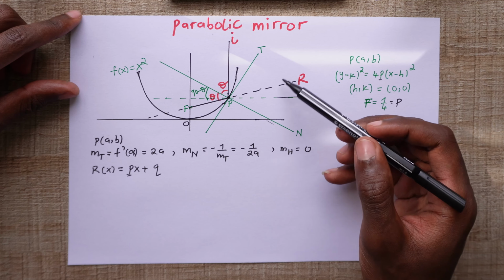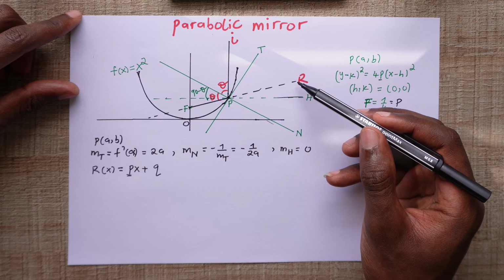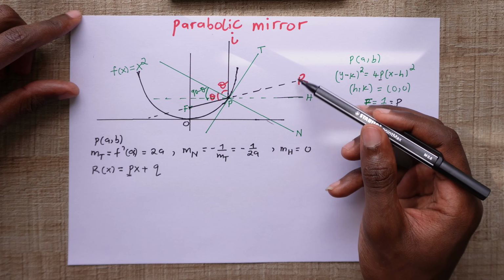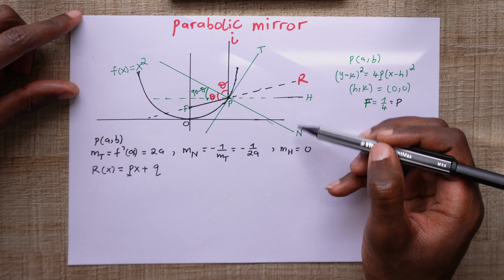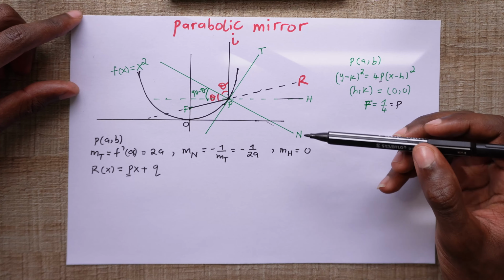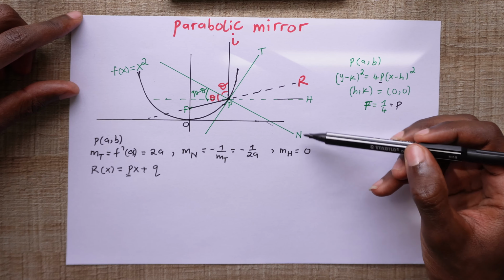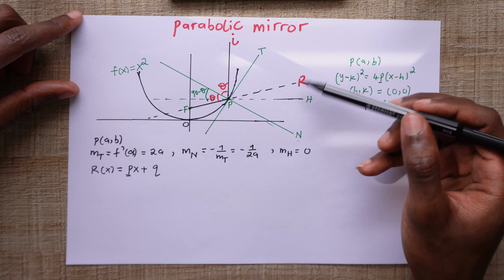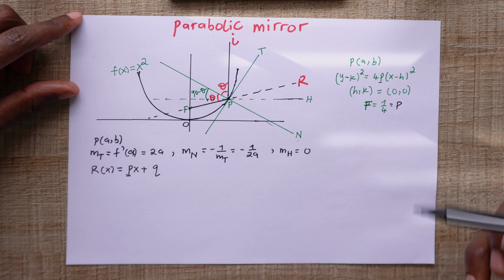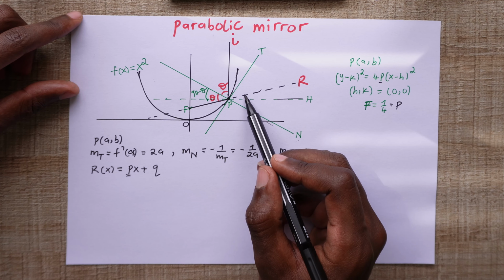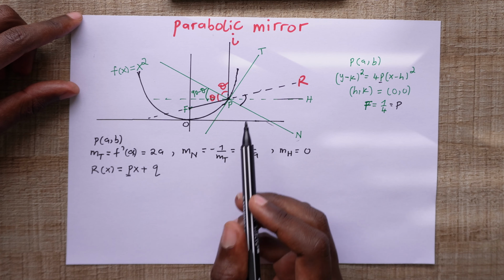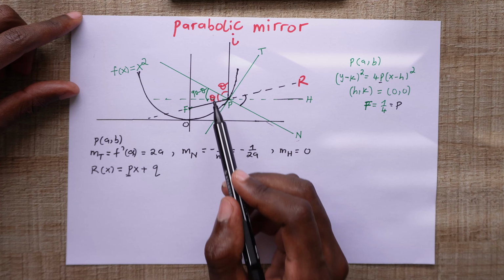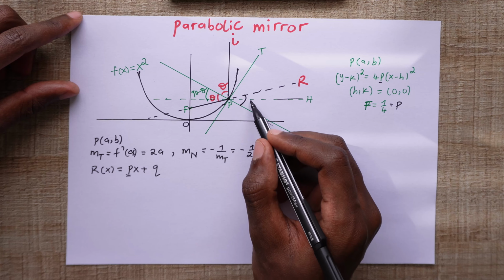The first thing we can consider here is the angle between the reflected ray and the normal. We can establish a relationship between the slope of this normal and the slope of this reflected ray, which is what interests us here. In this case, we know the angle between these two. As you can see, this angle is going to be equal to this angle, which is theta.